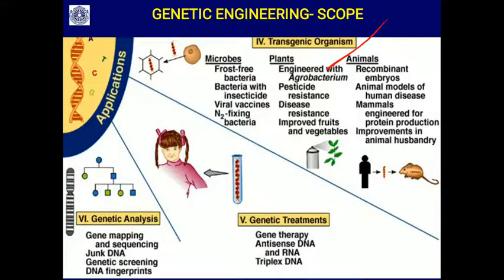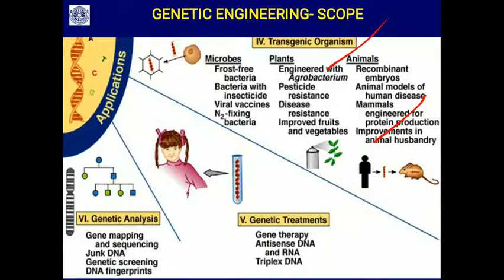Then in the field of animal husbandry, recombinant embryos, animal models of diseases, mammals engineered. All these because of genetic engineering, it is a vast area, so we can't discuss everything here now. It is up to you to advance your knowledge with respect to all this.